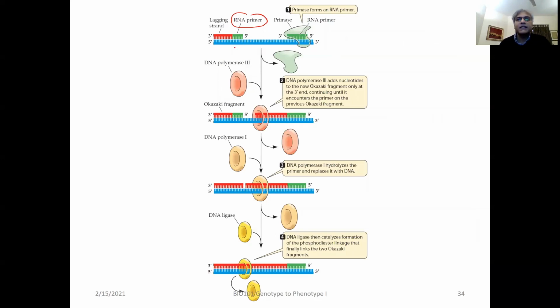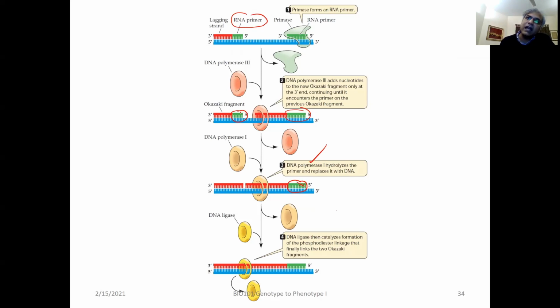What happens once DNA replication is complete, and you still have these RNA molecules within it? DNA polymerase 3 has made all the red ones on the DNA strands. DNA polymerase 1, a different enzyme, comes in and hydrolyzes the RNA primer, degrades it.